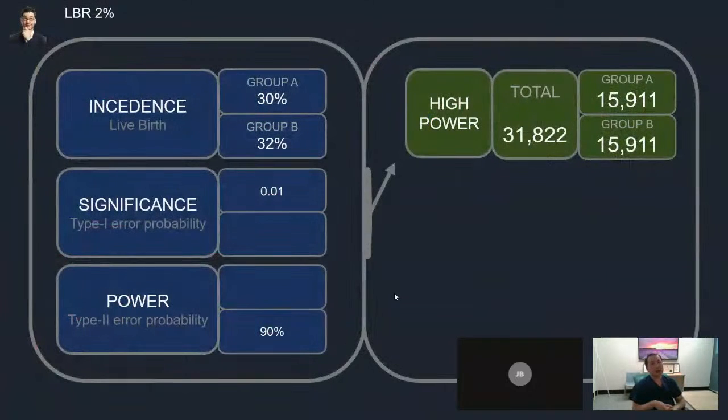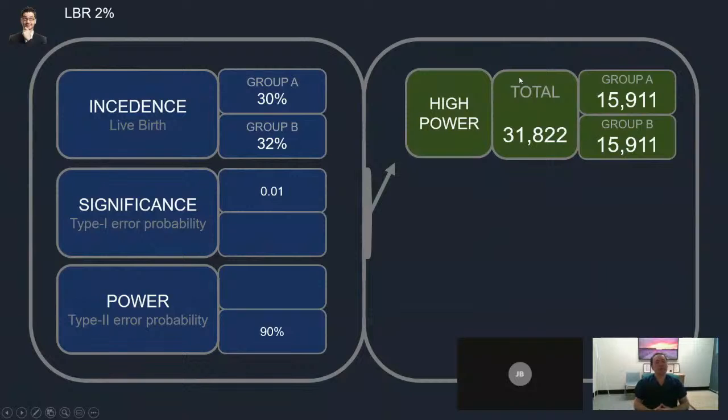So if we change our assumption to a realistic increase by one single intervention of 2%, if you think we have a wonderful intervention, when we apply it in IVF, our success goes up by 2% in absolute terms. The assumption changed from 10% to 2%. We said the incidence will increase from 30% to 32%.